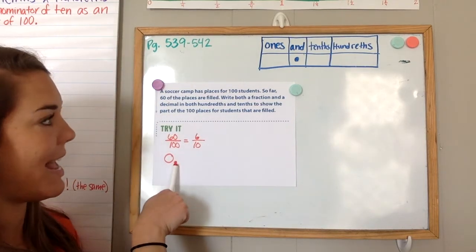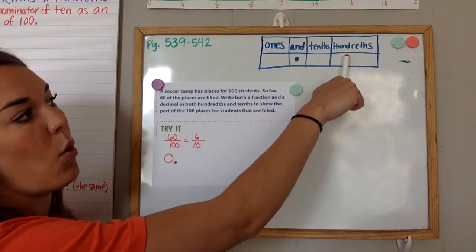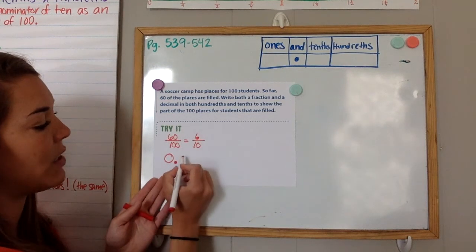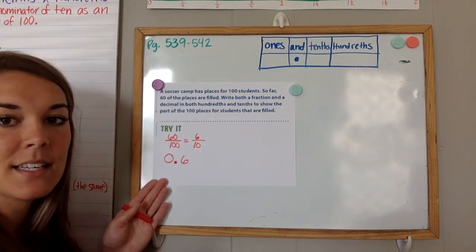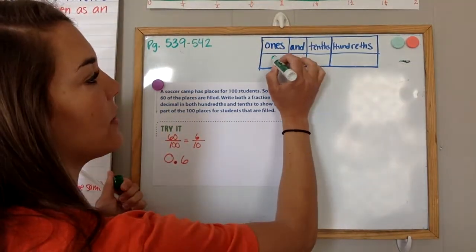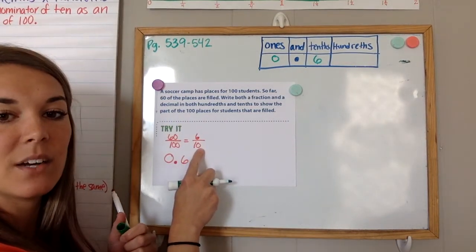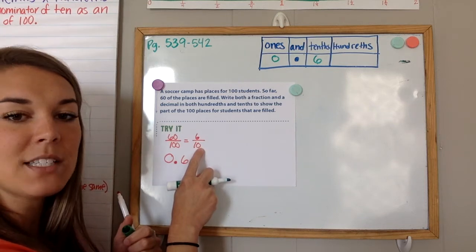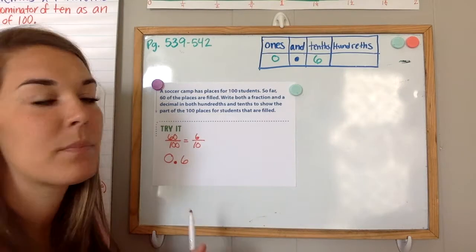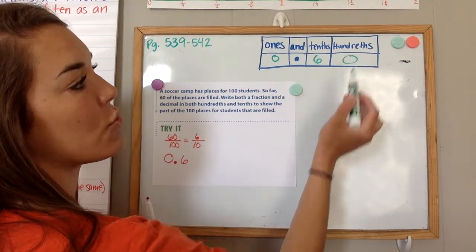So 0 and, and we can write this as tenths or hundredths. If we want to write it as tenths, we would write 0 and 6 tenths. So if I pop this in my chart up here, I would have 0 and 6 tenths. That's the same as that. If I wanted to write it as 60 hundredths, I would have 0 and 60 hundredths.